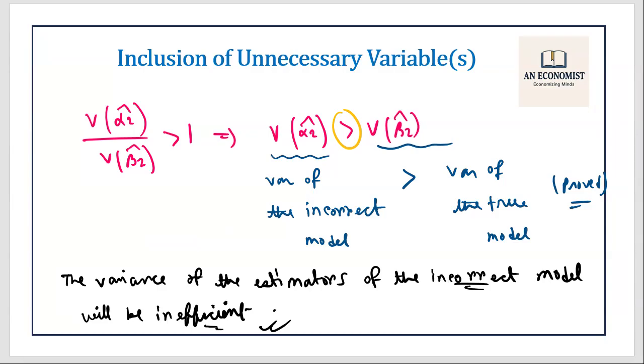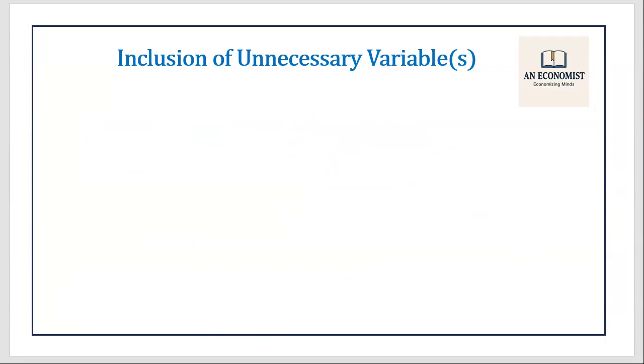So whenever we consider hypothesis testing and confidence intervals, we need to take this into account. Overall, if you want to compare the two things we have done so far, I write inclusion of variable here and omission of variable here.